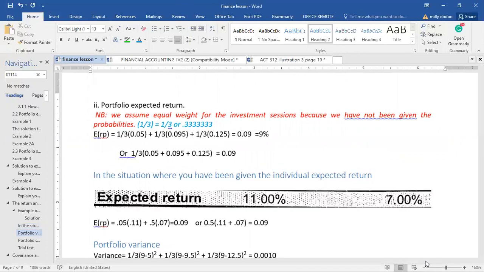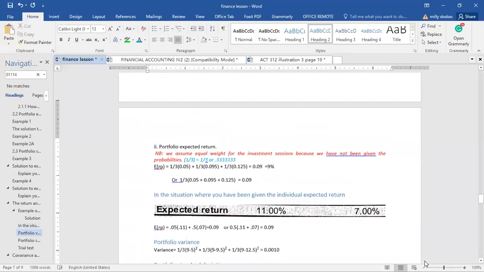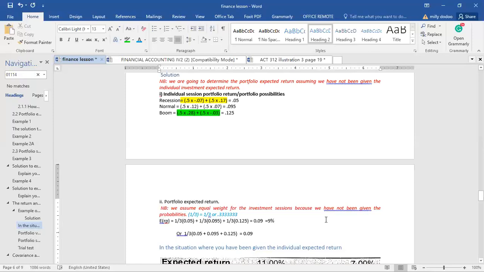Let me minimize this more so that you can have access to all the screen. This is what we just looked at right now.